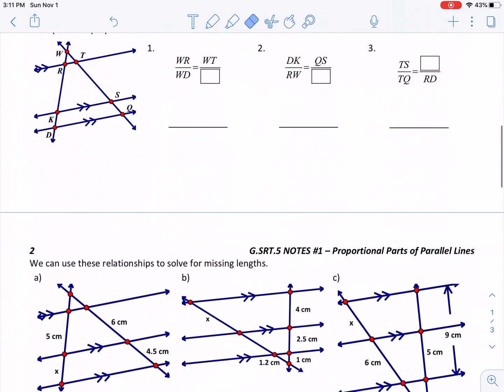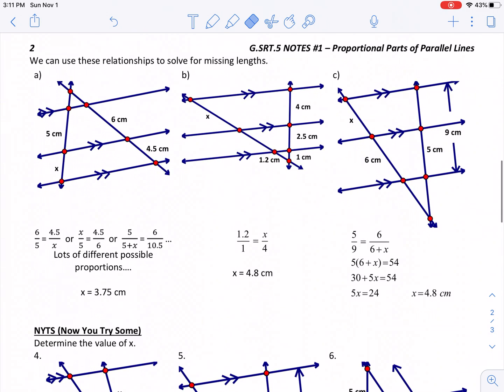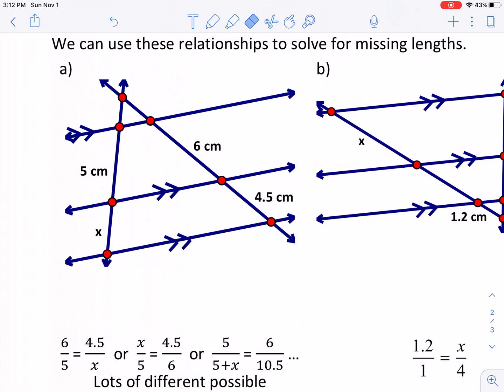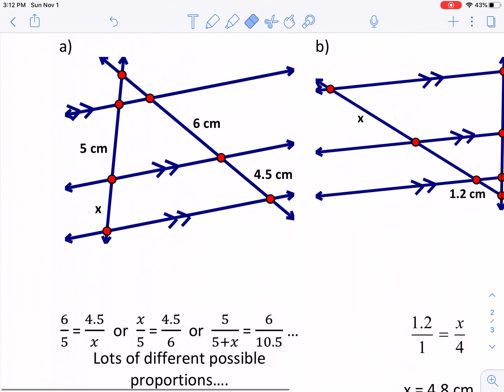Once you understand that, then that allows us to actually use the relationships to solve for a missing length, possibly in the form of X or Y. Now, when I look at this example here, let's take what we just learned about the relationships between the corresponding parts and see if we can set up different proportions to help us solve for X. There are many different ways we can set this up, and they actually give us a few of them here.